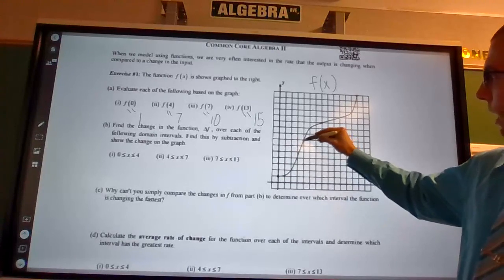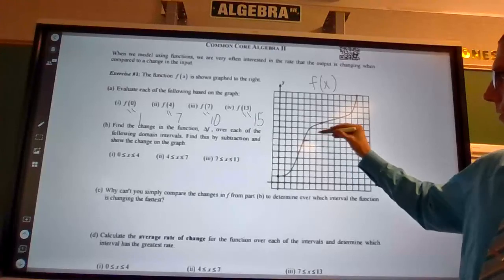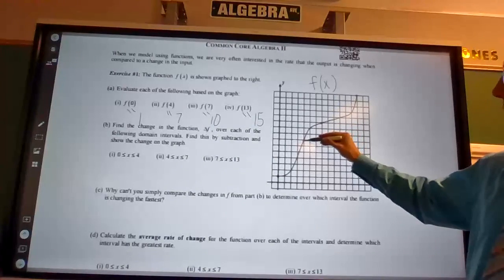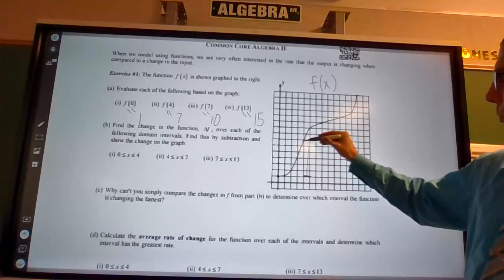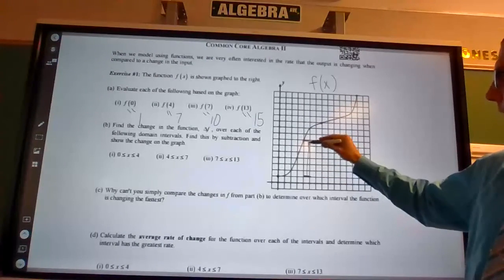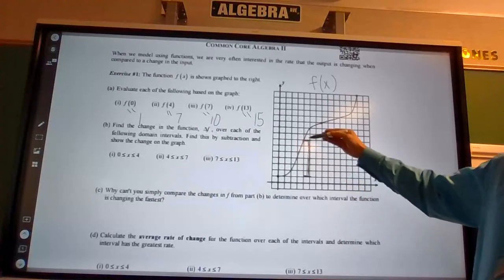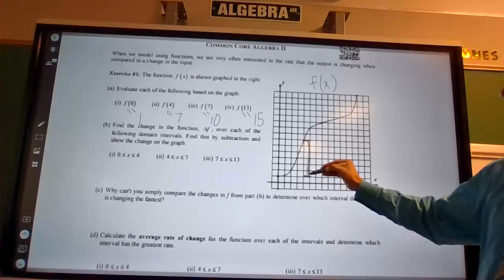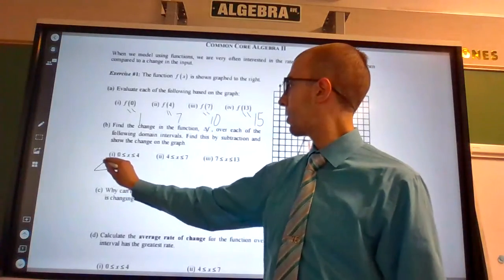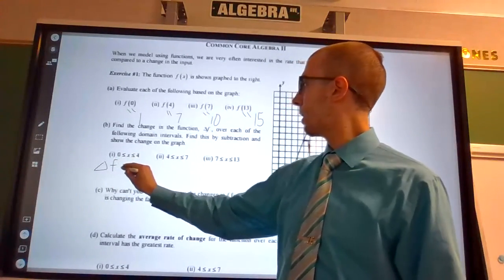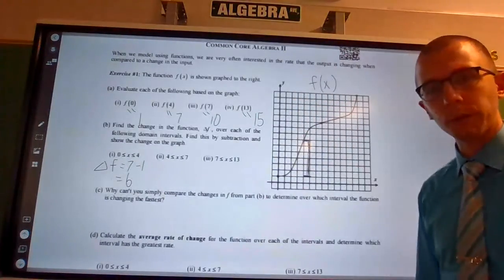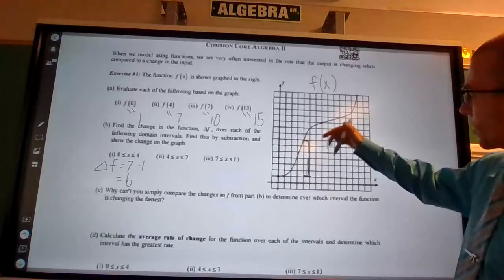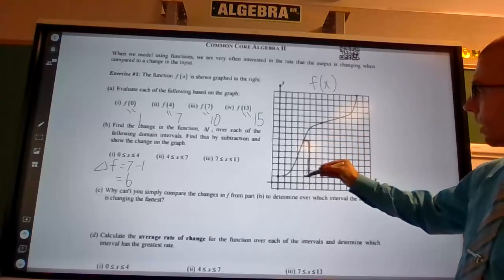Well, it ended here. That was where the function ended when x was 4, but it started all the way down here. So what's that difference, that subtraction? Well, up here the function was equal to 7. Down here the function is equal to 1. So that change in the function equals 7 minus 1, which equals 6. And again, that's shown from here down to here.